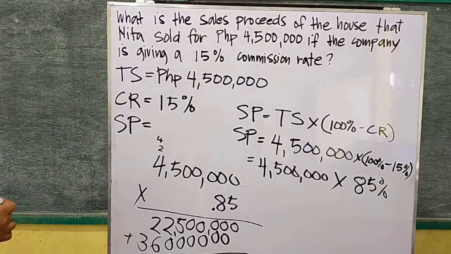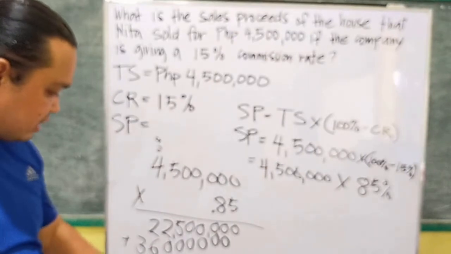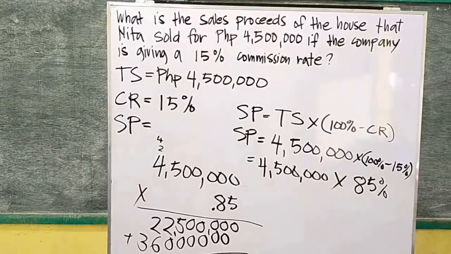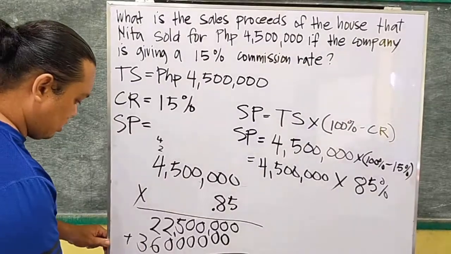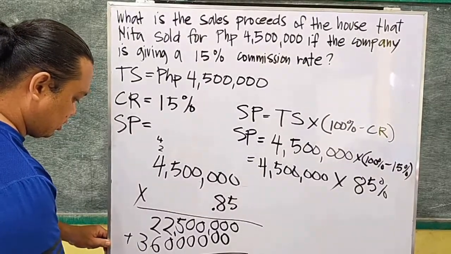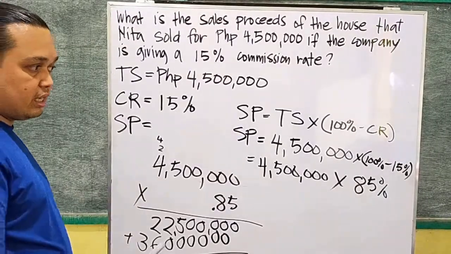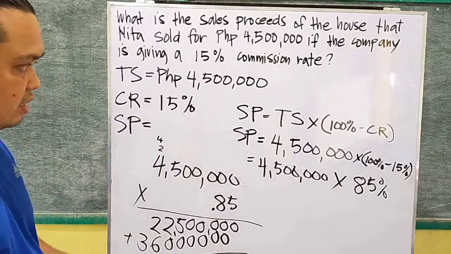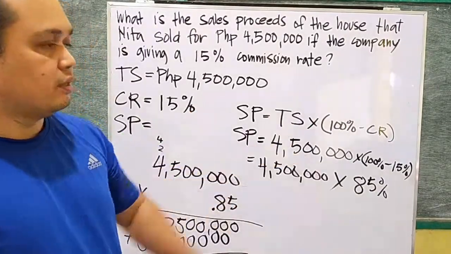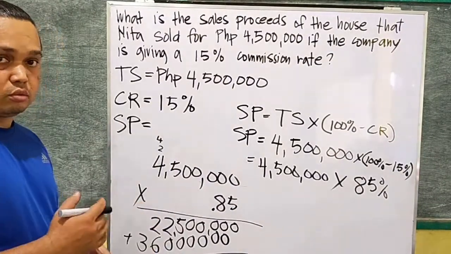So we have 3,825,000 for our sales proceeds. Okay, this is our answer for our sales proceeds. That's how we get the sales proceeds using the given commission rate and the total sales. Okay, just use the given formula. All we have to do is just substitute the given.